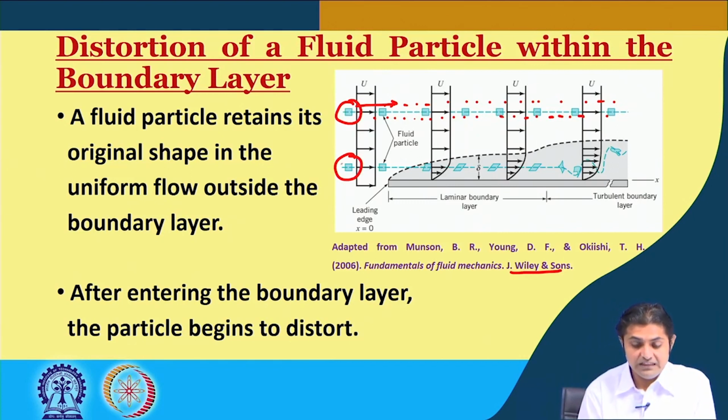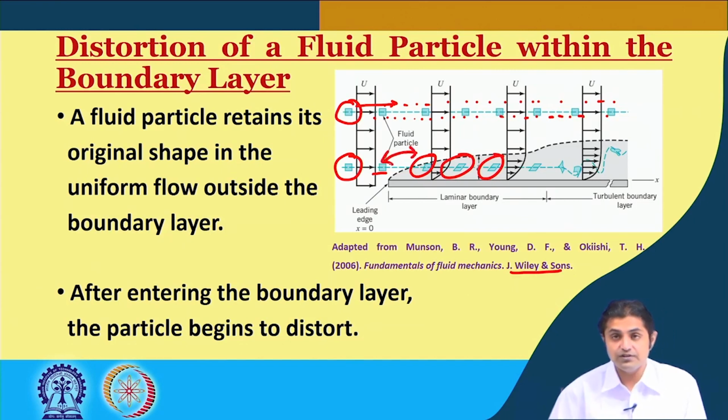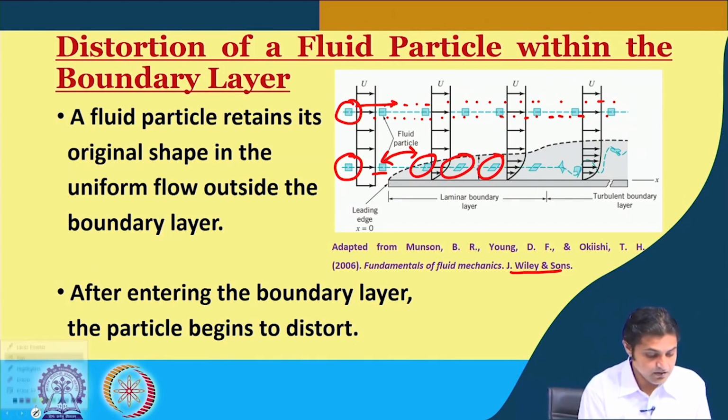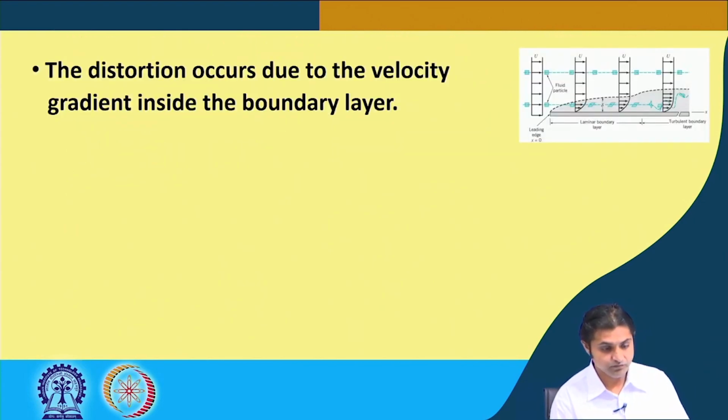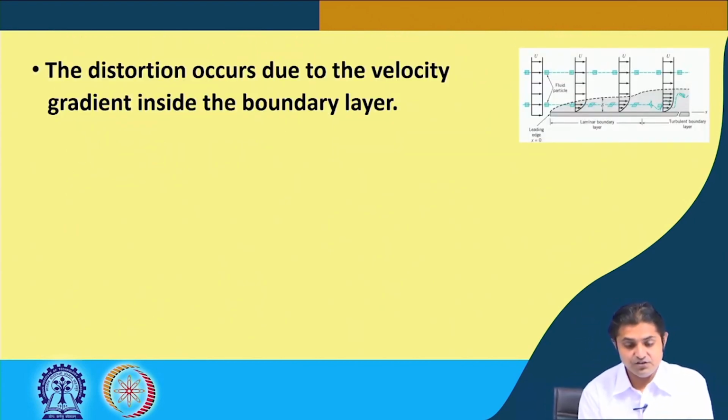However, this particle here, after entering the boundary layer, begins to distort, as you can see. This starts distorting, and when it goes, it distorts more, depending upon the velocity gradient, but there definitely is a distortion from this point to this point as soon as it enters the boundary layer. So, why does this distortion occur?